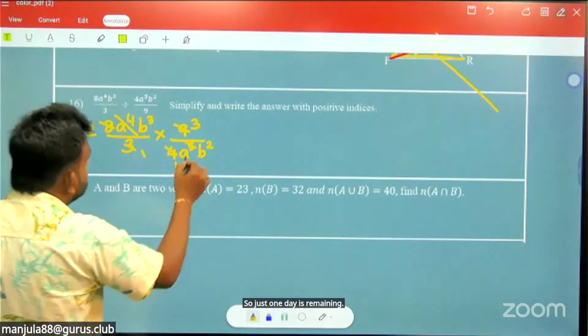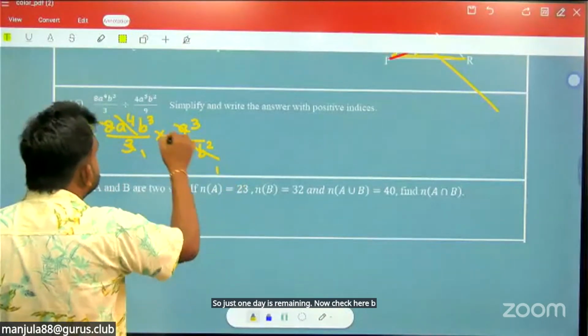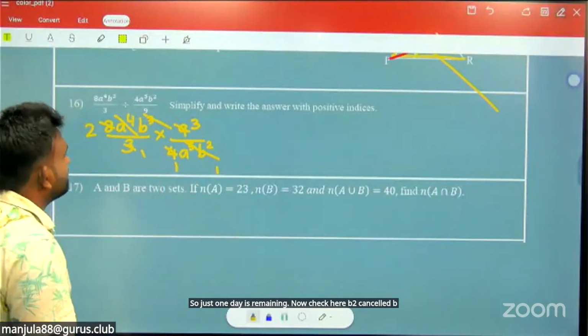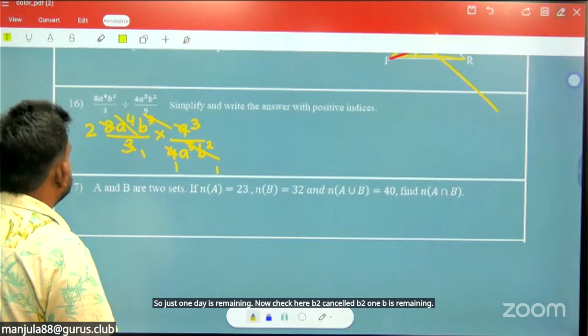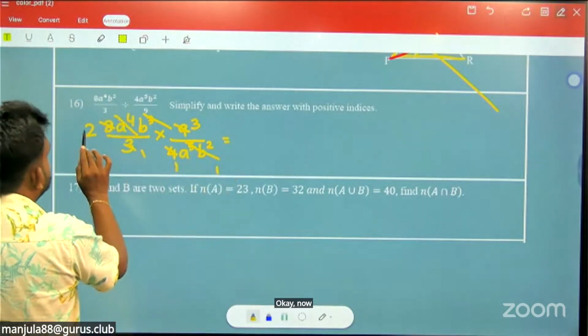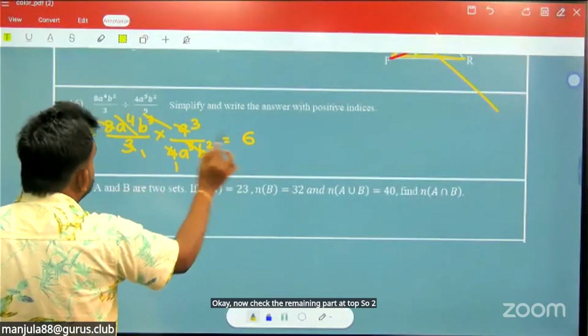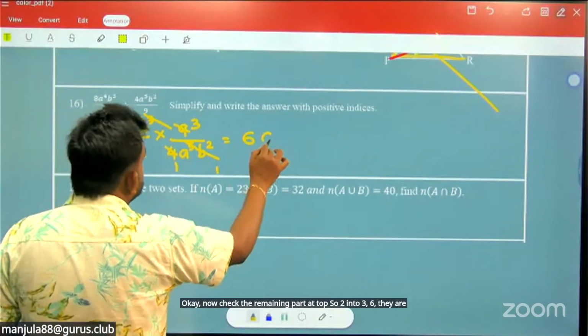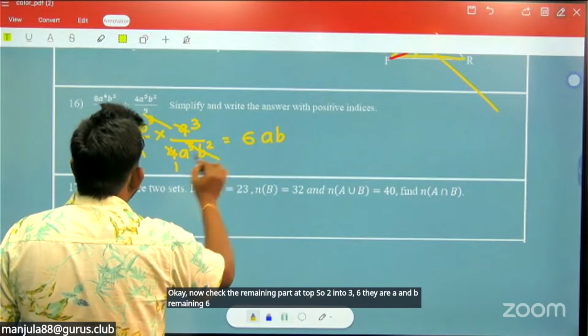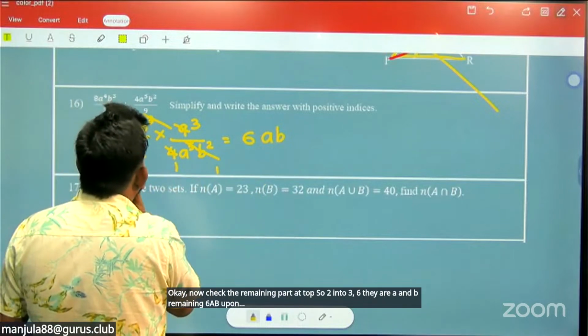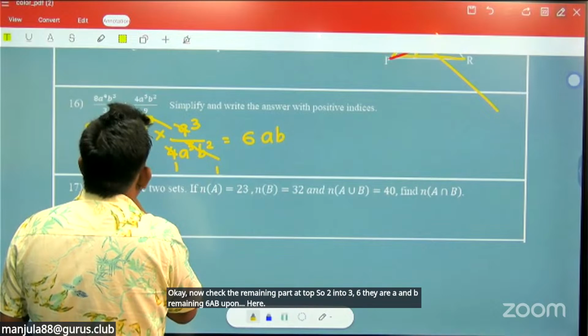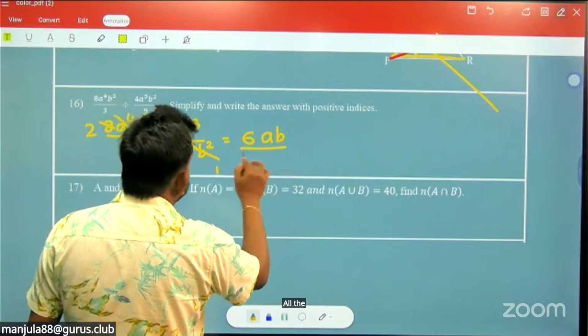Now check here, b^2 cancelled with b^2, 1b is remaining. Now check the remaining part at top. So 2 into 3, 6 there. a and b remaining. 6ab upon here all the things cancelled. 6ab, isn't it?